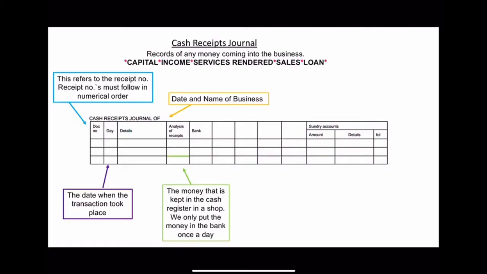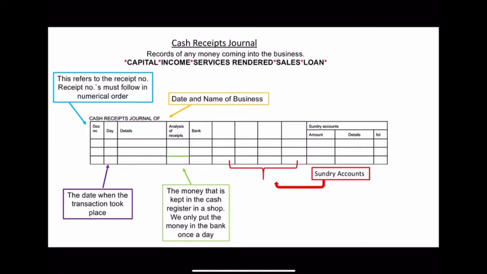And how we show we're transferring it and that it's the end is we underline the transaction, and once it's underlined, it gets put into the bank account. Right. Next, we look at the sundry accounts and the extra columns as represented by the red. Your teacher will basically tell you what those columns represent.